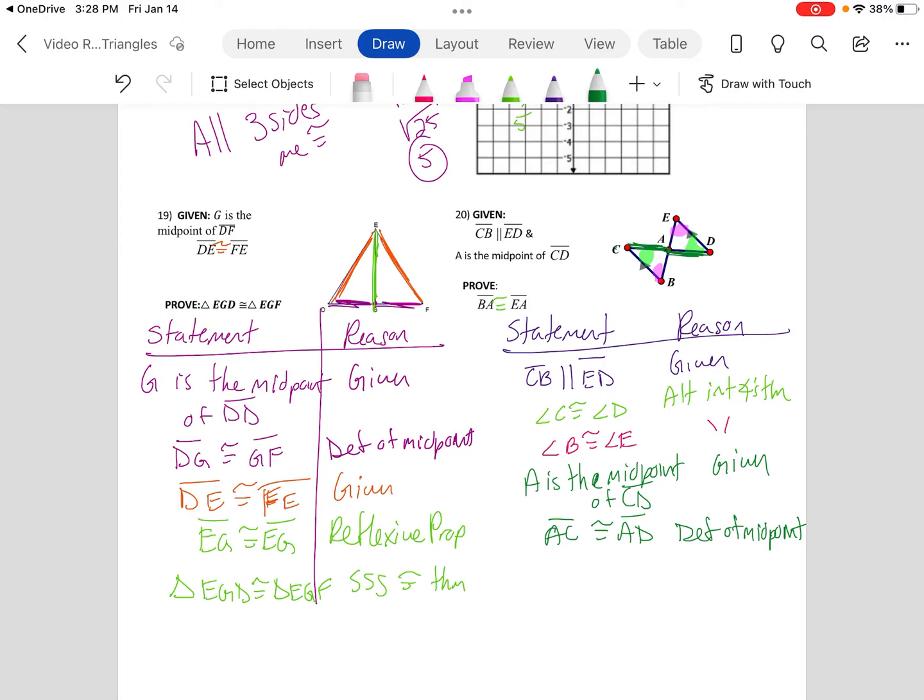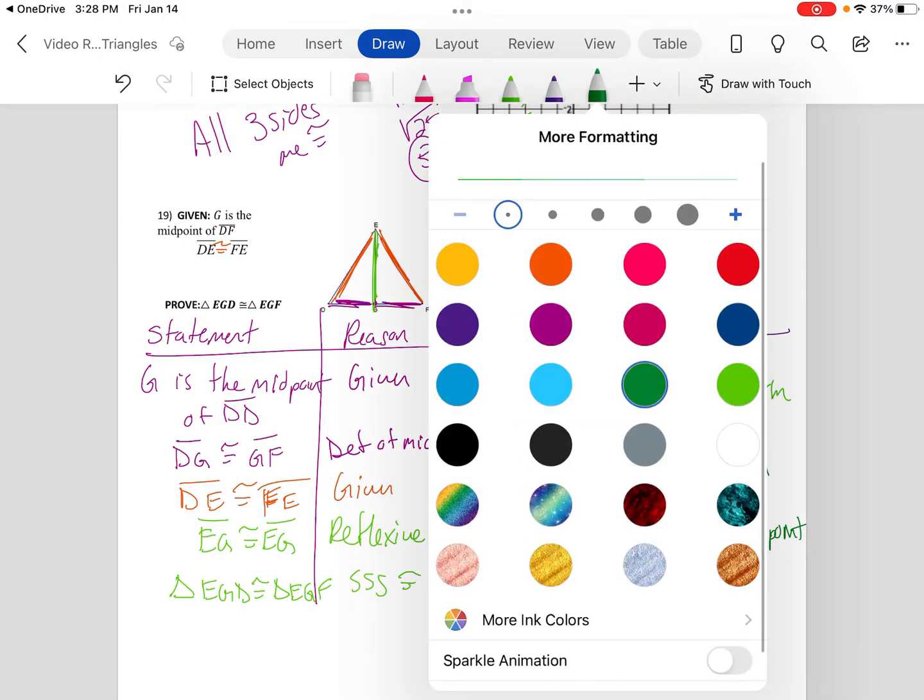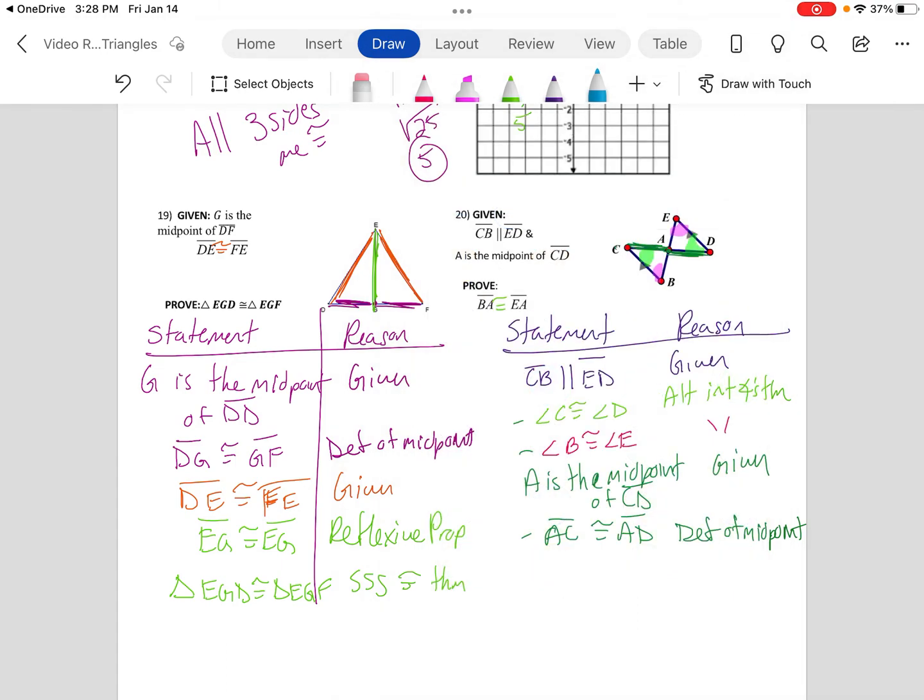Okay. And I look to see I have 1, 2, 3 things that I've proven congruent. So I know I have enough information to say that triangle ABC is congruent to triangle. Now I'm careful. A is in the same place on both triangles.